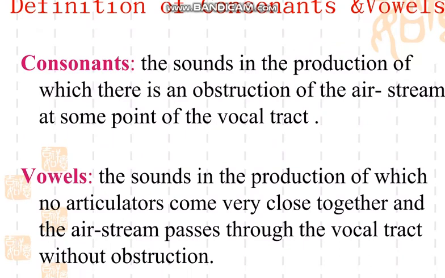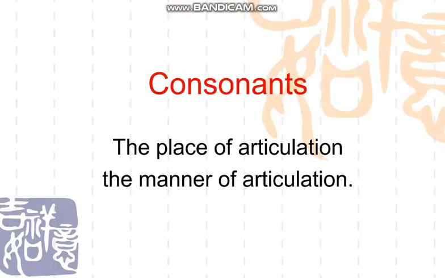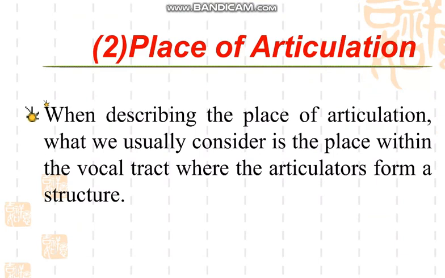We all know that there are consonants and vowels in the English alphabet, and there is a large difference between them. Consonants depend on the place of articulation and the manner of articulation.